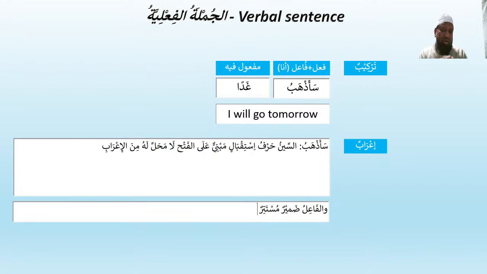As I said, it's only three sigas: تفعل أنت, أفعل أنا, نفعل نحن. These are the only three sigas, and it will be وجوبا. And only two sigas, يفعل and تفعل, يفعل for مفرد مذكر غائب and تفعل for مفرد مؤنث غائب, only these two sigas will have the damir if it's mustatir جوازا.